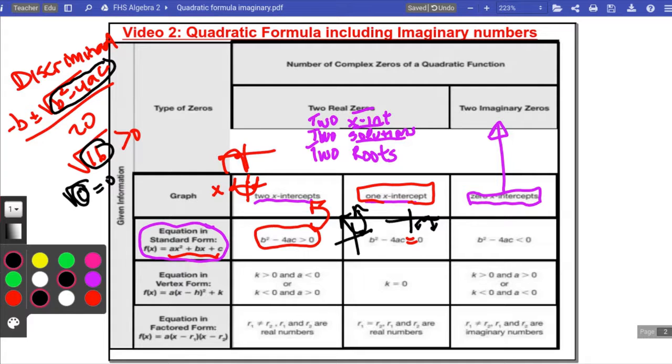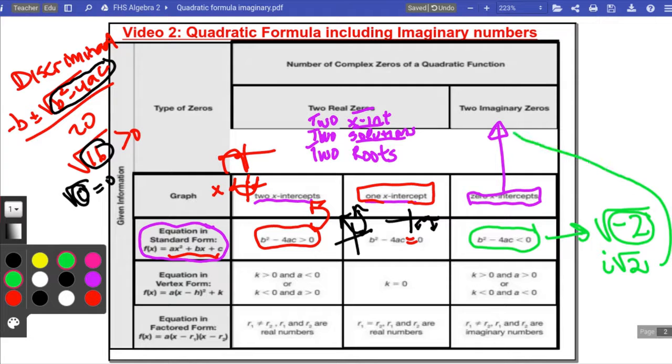Now, here's the new thing for today, because what I've been telling you is not new, but what I'm about to tell you is the new stuff. If that number is less than 0, meaning that number would have to be a negative, maybe a negative 2, because that's a negative, you would have an i coming out of that. That means you would have what we call imaginary zeros.